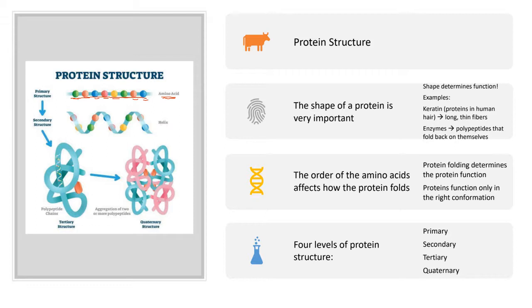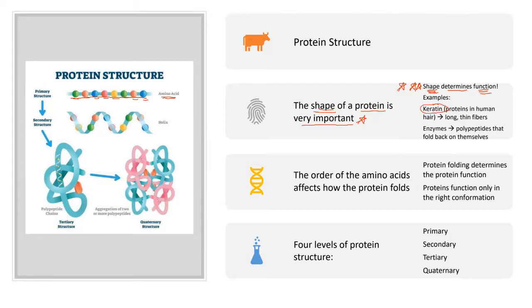Okay, so protein structure. The shape of a protein is very, very important. Why? This is kind of a three-star concept here, because shape determines function. Depending on its shape, the protein can be extremely long and strong, and can make something like keratin, for example, a structural protein.